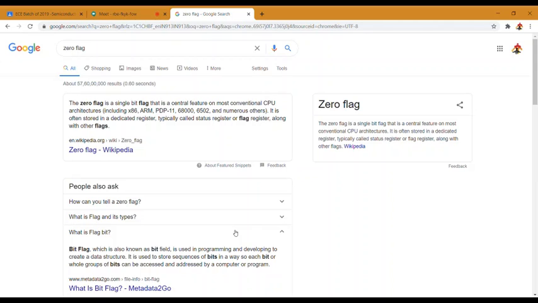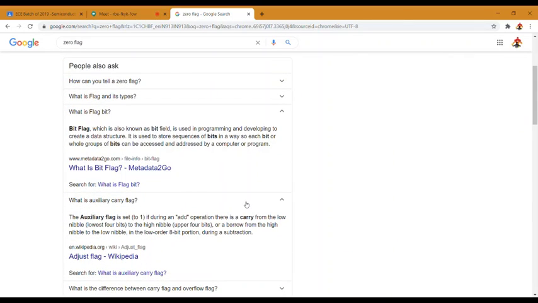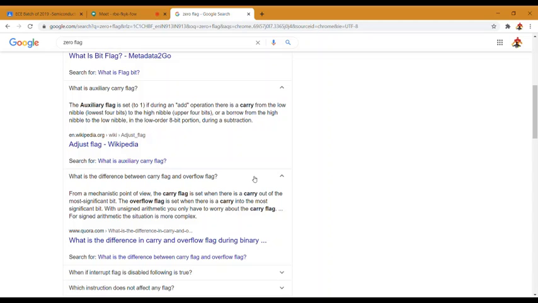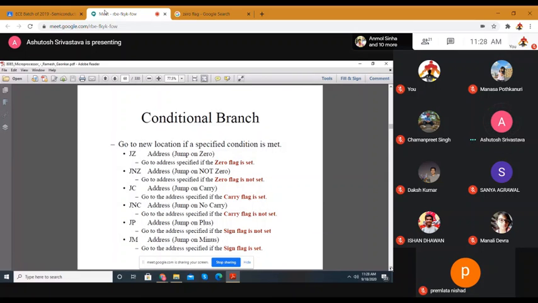The second one is JNZ. Please note down. I mean, that's why I'm going slow. So this performs the jump to the address specified if the condition flag 0 is not set.